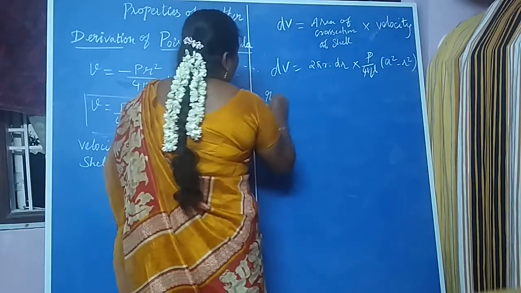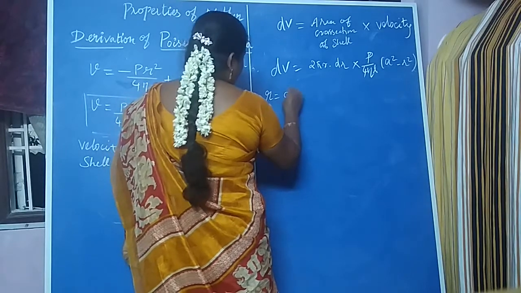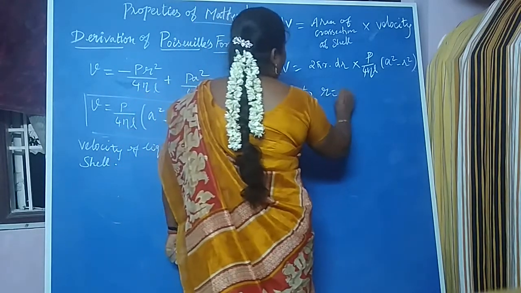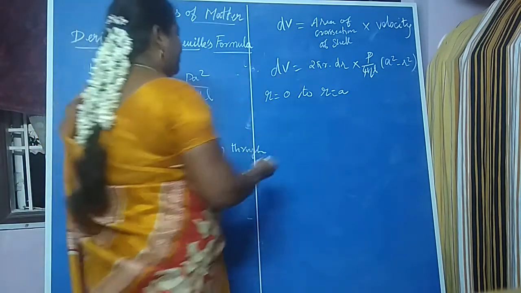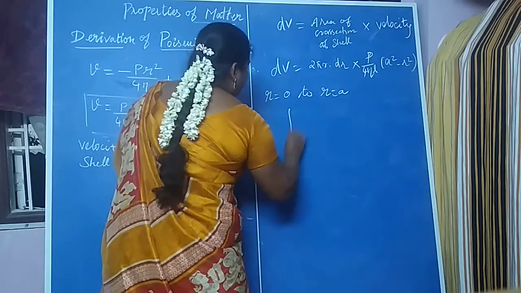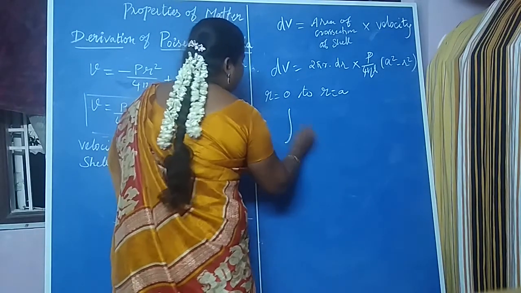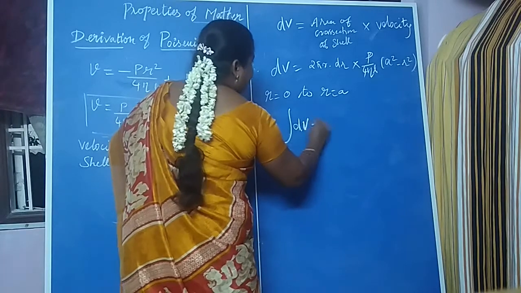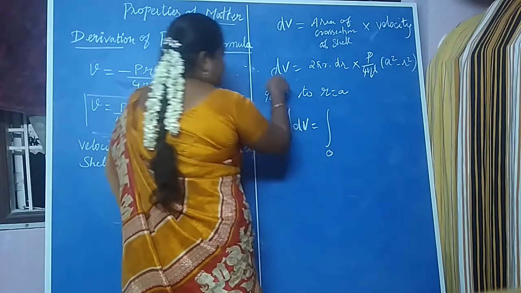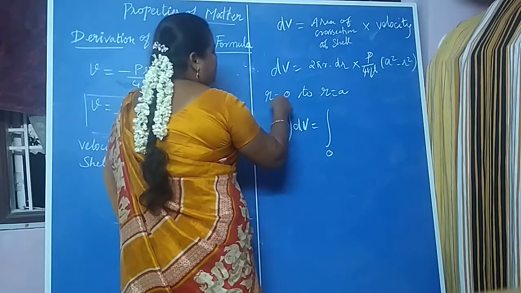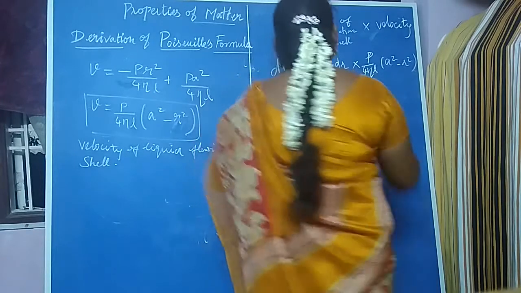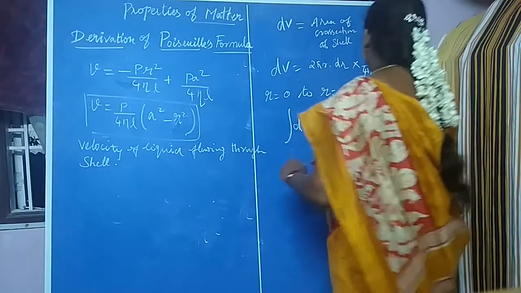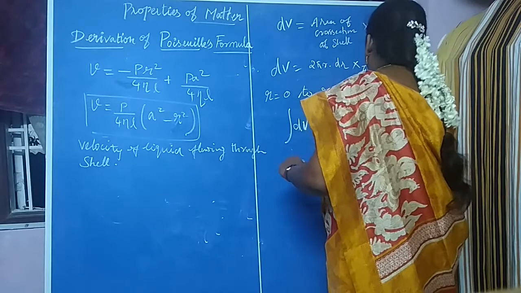On integrating this equation within the limits r equal to 0 to r equal to a, we get the entire volume of liquid flowing through the whole capillary tube. So the integral of dV equals the integral from 0 to a of 2 pi r times P by 4 eta L into a square minus r square.